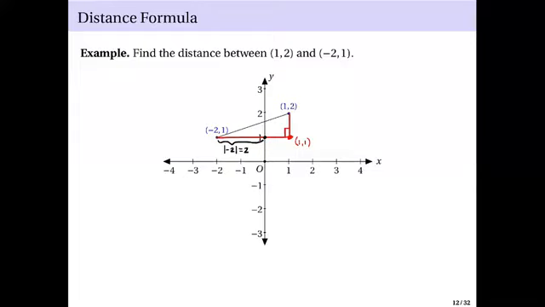And then from this point up to this point, the signed distance is 1. And of course, the absolute value of 1 is still 1. So what is the total distance from this point to this point? It's 2 plus 1. So this total distance in here is equal to 3. Correct?